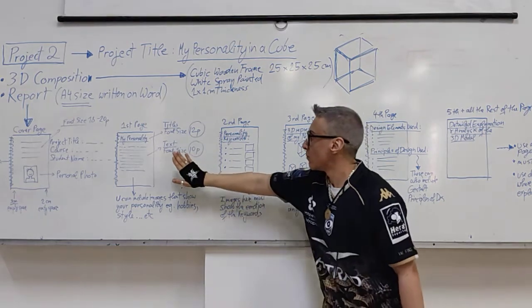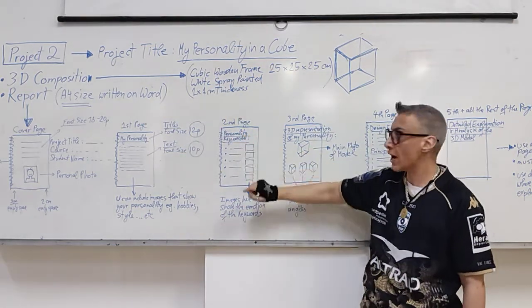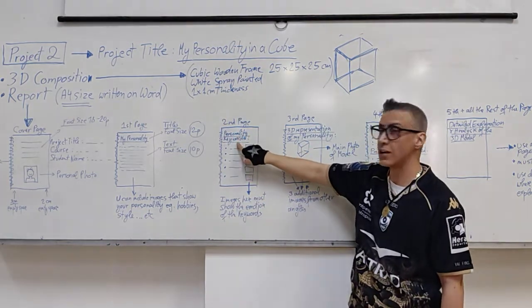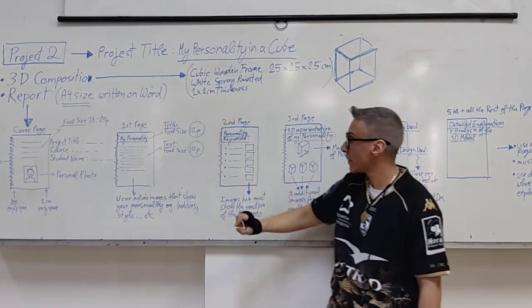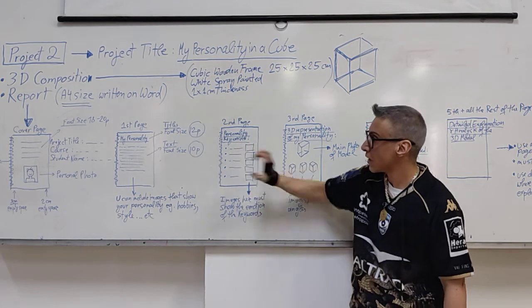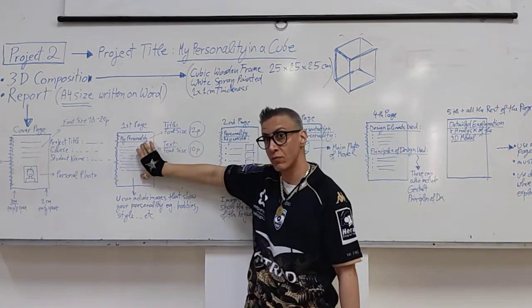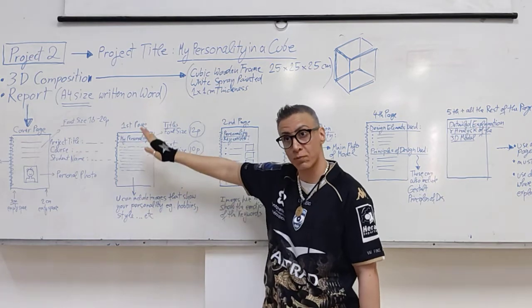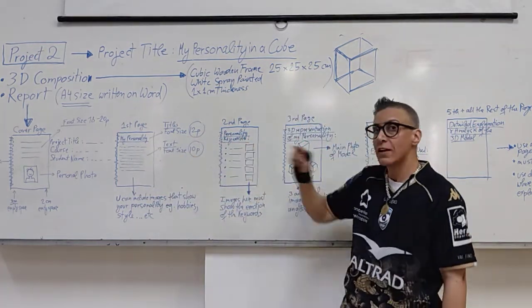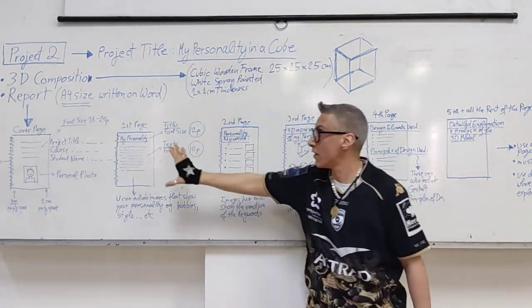Now, page number 2, we have the title, Personality Keywords. Again, font size 12. Here the keywords are based on this. This is the extended version, long explanation. This is the keywords from this.